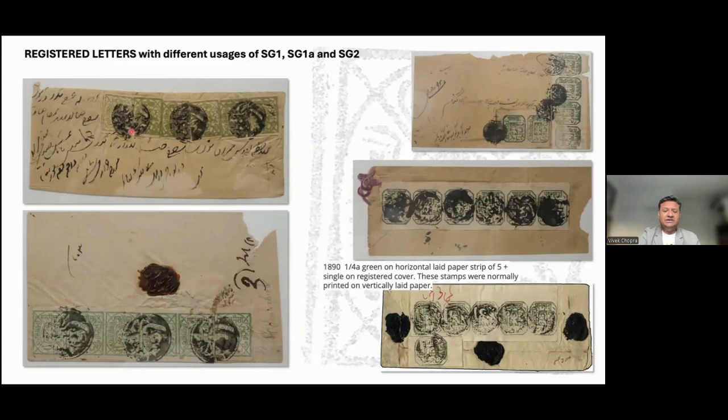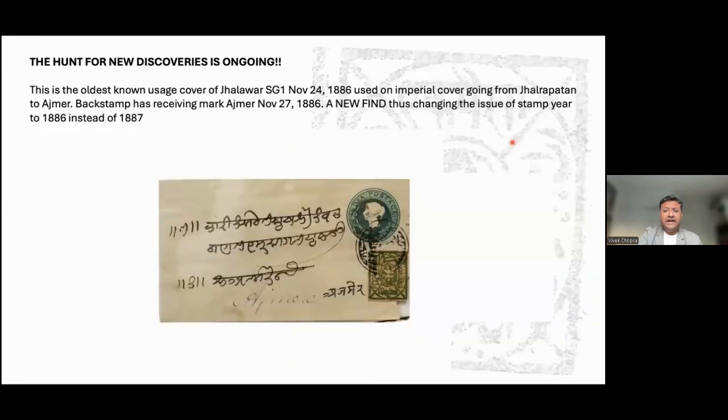Here you see for the yellow green shade a registered cover for the SG1 issue, the blue green shade a registered cover, as well as registered covers for the second SG2 issues, which were used to carry important mail within the state. And the hunt for new discoveries is still ongoing.